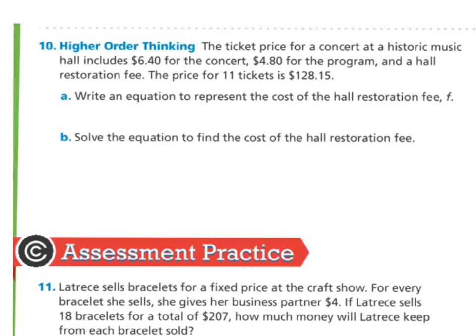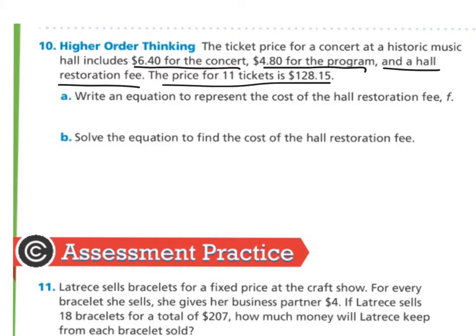Number 10, we've got the ticket price for a concert includes $6.40 for the concert, $4.80 for the program, and a hall restoration fee. The price for 11 tickets is $128.15.